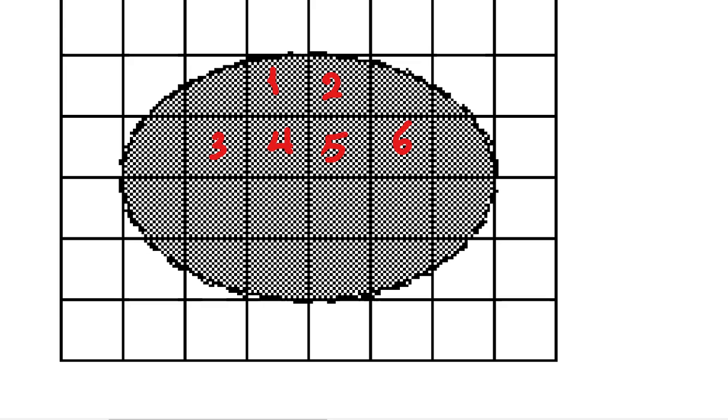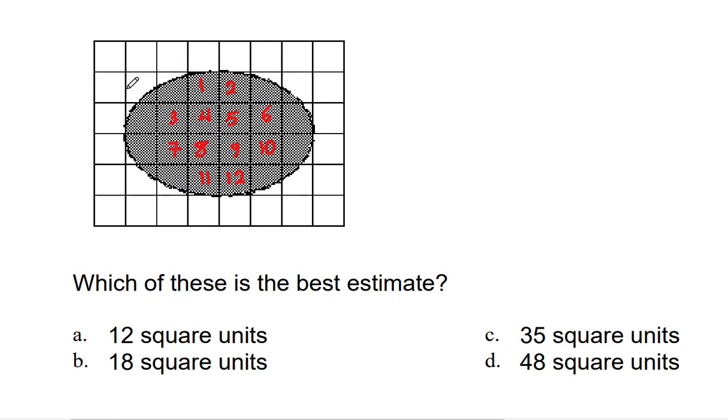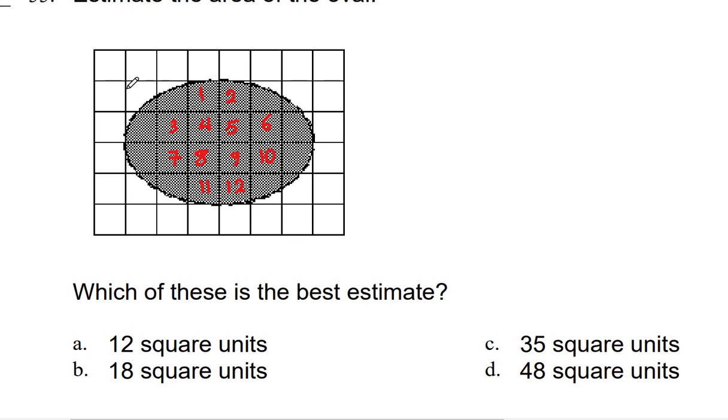This is not filled, so I will not count it. 7, 8, 9, 10, 11, 12. Okay. Do we have any other filled? No. So now we start to see where are the parts that can form a square. There are not filled.